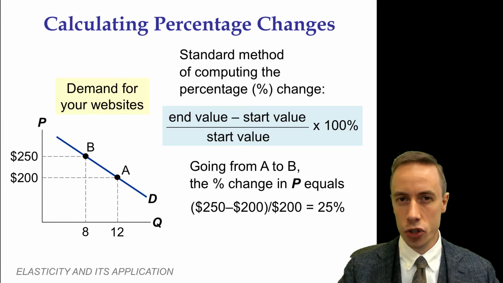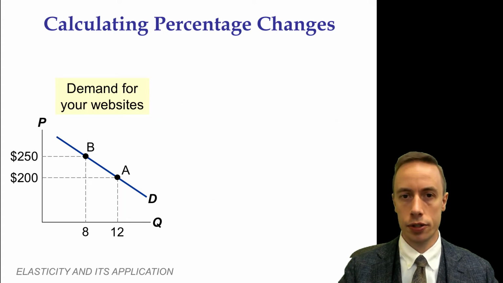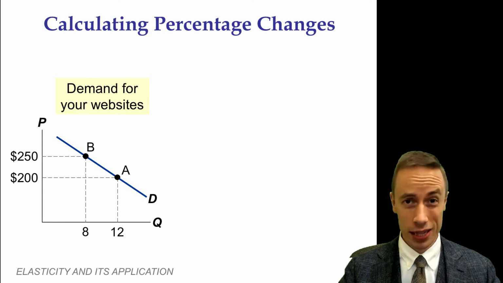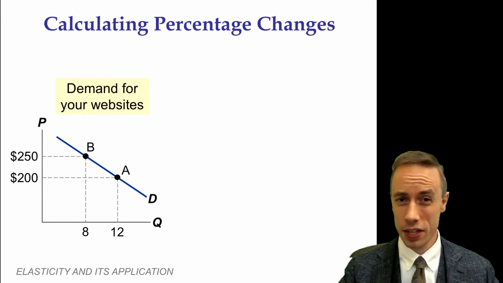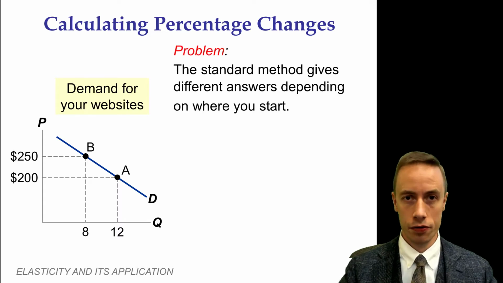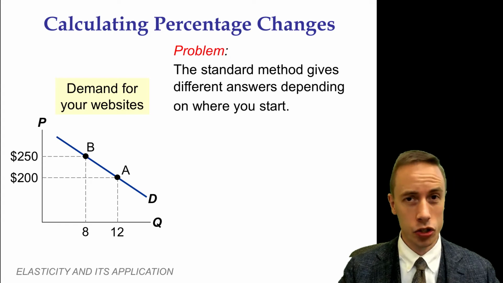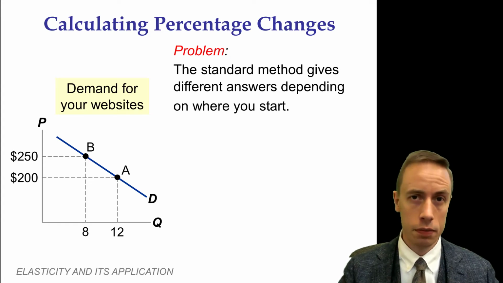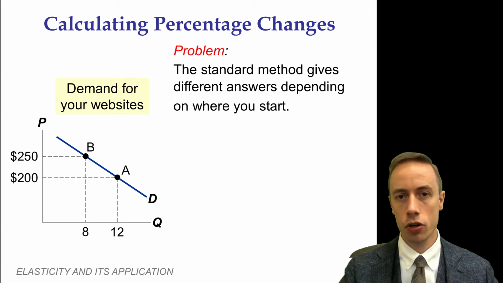But demand curves don't have a start or an end. A different economist might look at that same curve, place different labels, perhaps consider $250 its start value. And then they're going to compute a different percentage change, because the standard method of calculating percentage changes is sensitive to the start value.